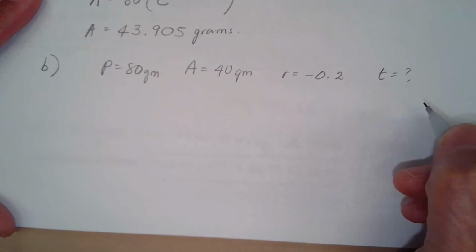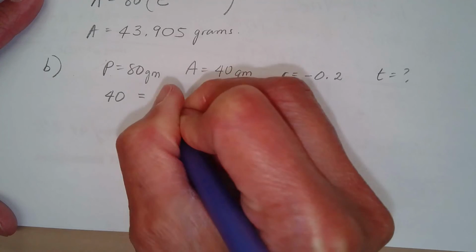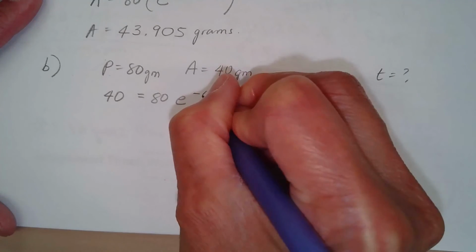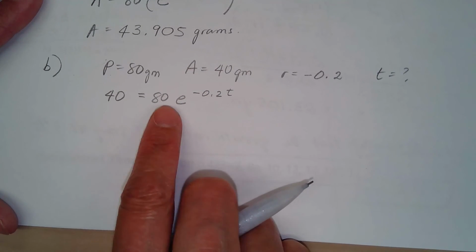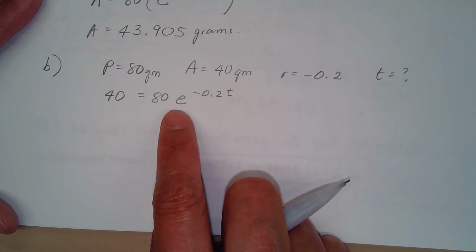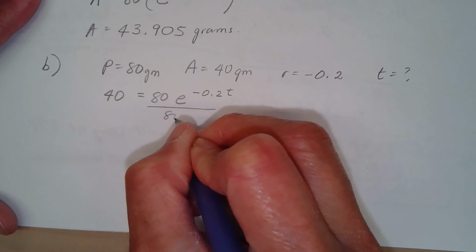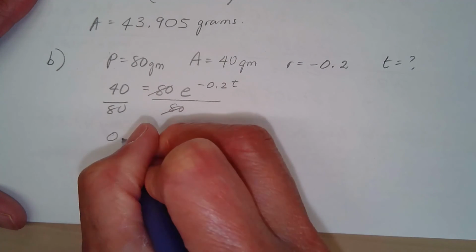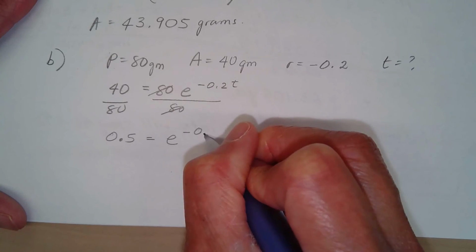So A is 40, right? 40 equals 80 e to the negative 0.2t. Is everybody okay with all those substitutions? Yes? Okay. I'm going to divide by 80. So 40 divided by 80 is 0.5, equals e to the negative 0.2t.